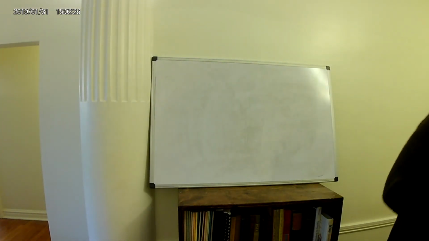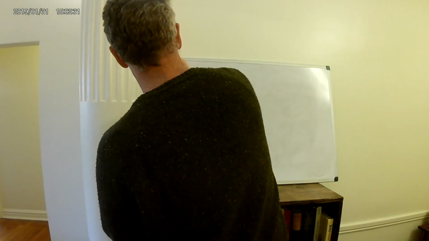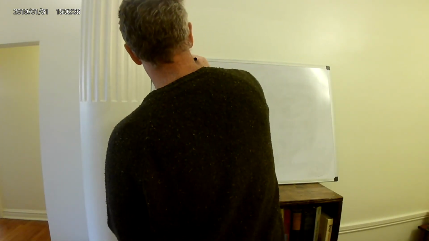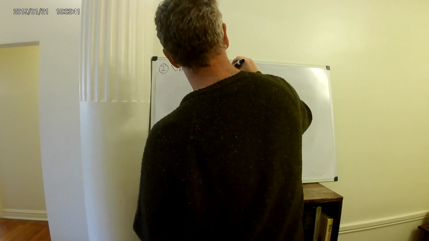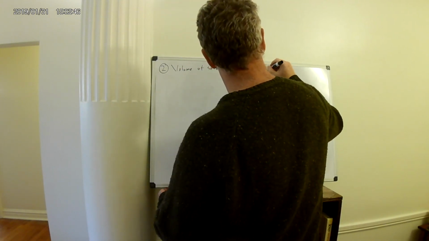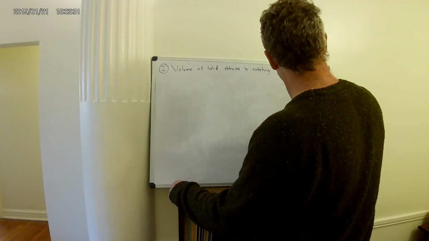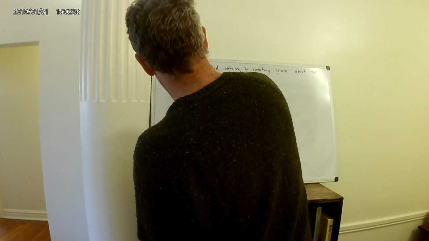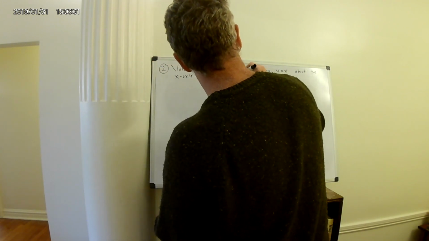Okay, in the second example problem, we're going to calculate a solid of rotation. I'll explain what that means. So we want to calculate the volume of the solid obtained by rotating the line y equals x about the x-axis from x equals 0 to x equals 1.